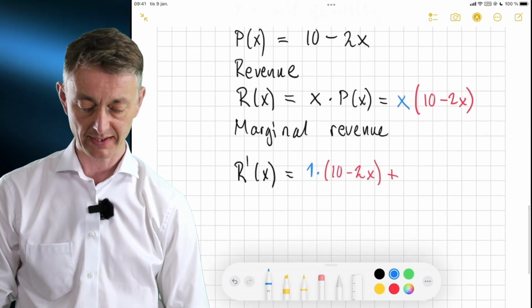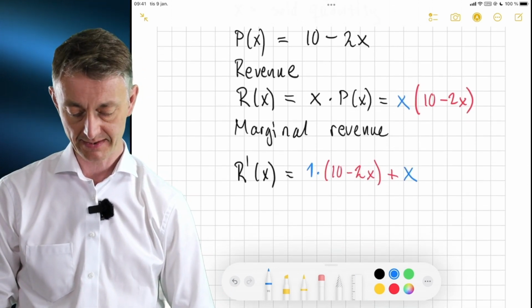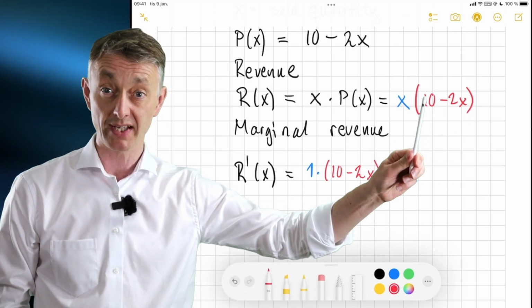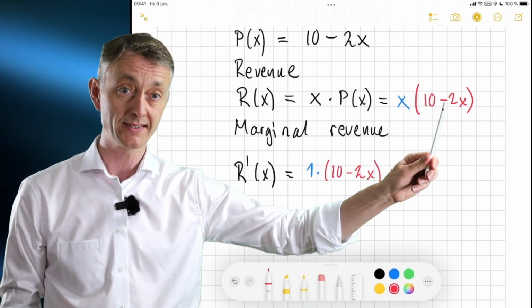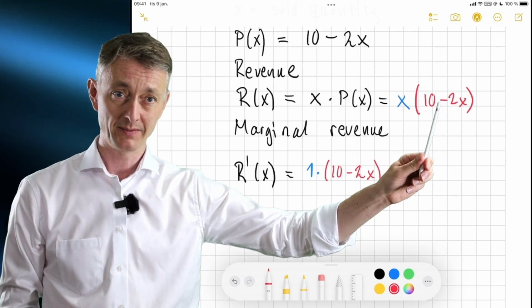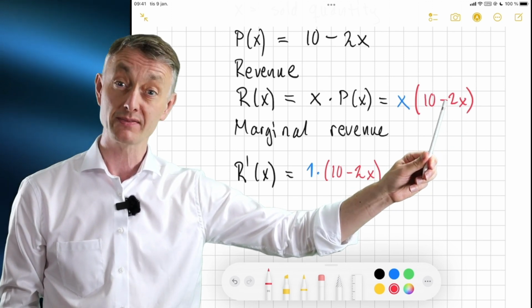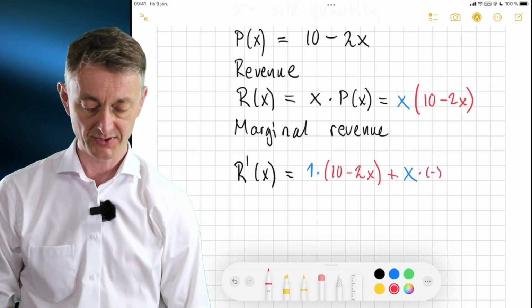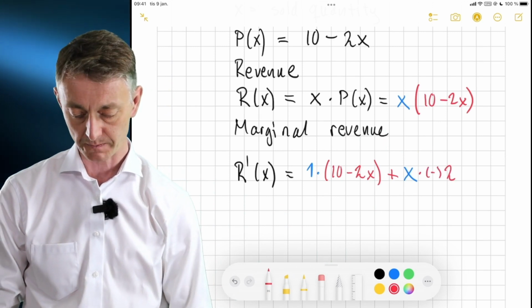So it's going to be x times the derivative of this red part here, which, what is that? It's minus 2, right? 10 goes away, the x goes away, it's minus 2 that's left. Times minus 2.